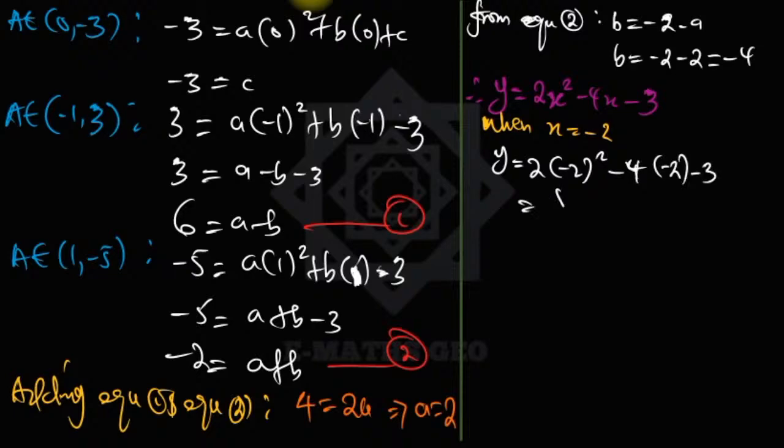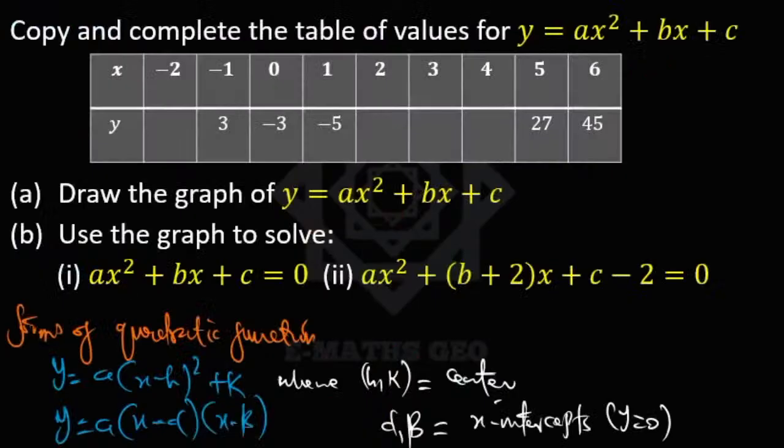So this is 8 plus 8 minus 3, so that should be 13. So when x is -2, y is 13. So the first value we've gotten.